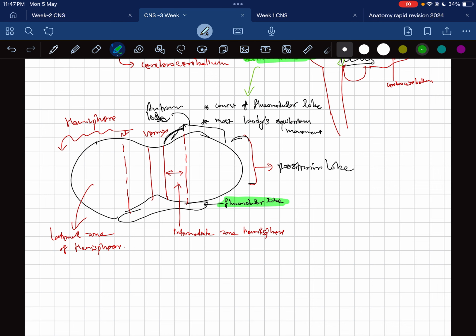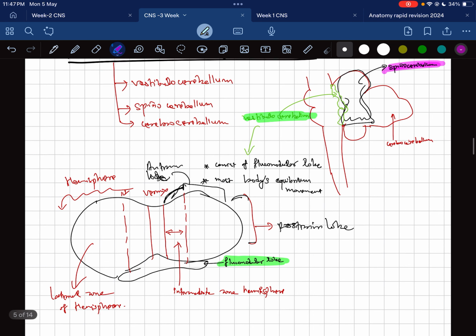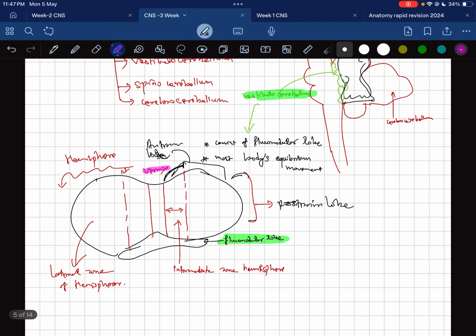So moving on to the spinocerebellum. The spinocerebellum consists of the vermis, this vermis region. So I am drawing this vermis region. Then it also consists of the intermediate zone of the hemisphere. This intermediate zone is also contained.